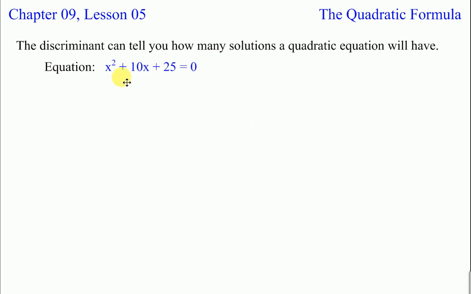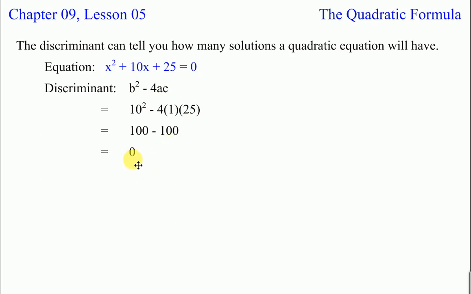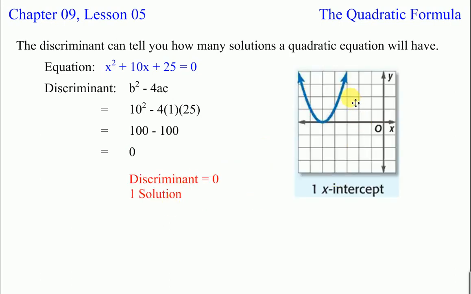Okay, let's look at this example right here. The discriminant, b squared minus 4ac, simplify, is 0. Well, if it's 0, we're not adding or subtracting anything, so we get one solution. What that means is the graph is touching the x-axis. There is one x-intercept, and that's right where it touches.